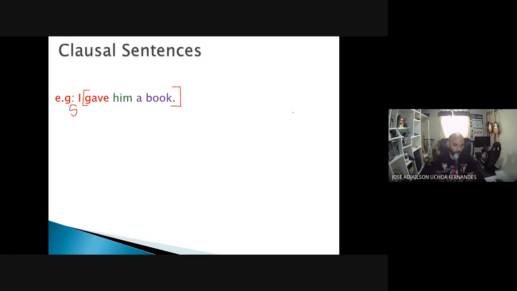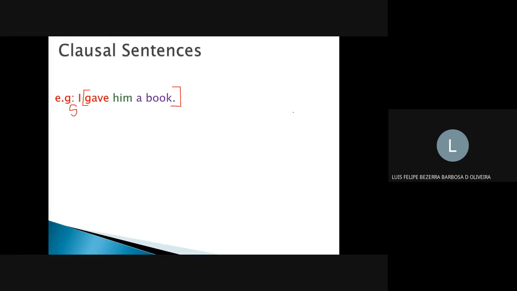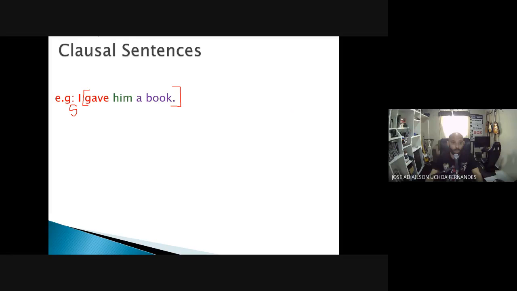Where's the predicator? So is the verb, so gave. Okay, gave is the predicator. Now we have him a book. Can you split this predicate into smaller phrases? Do you see phrases inside this?